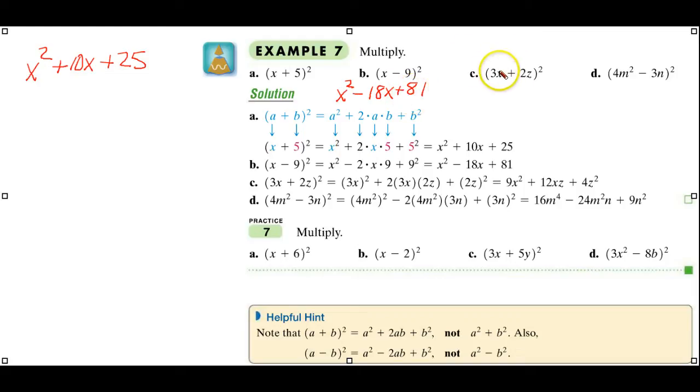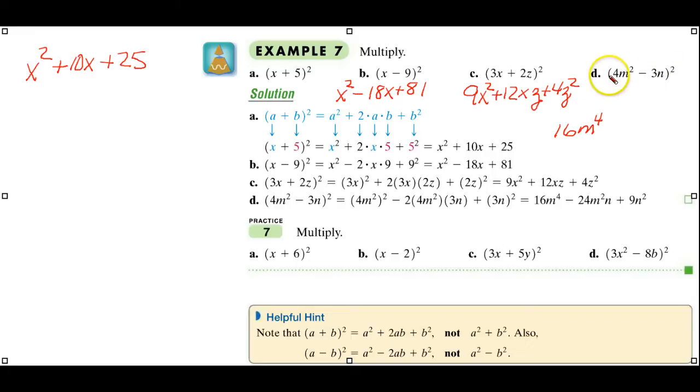All right, square this. It's 9x squared. Multiply these two together. That's 6xz. Double it. 12xz. Square this term. 4z squared. All right, square this term. 16m to the fourth.